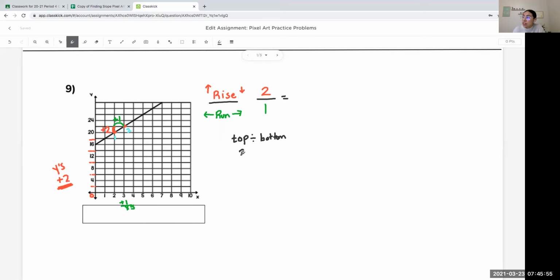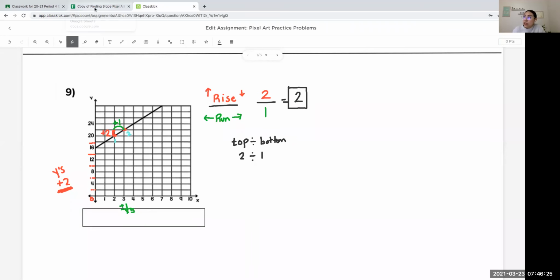So this is really just telling me it's 2 divided by 1, which is just 2. So if you ever have a bigger number on top, you can see if the top divides by the bottom and simplifies nicely this way. Or if not, then you might want to try dividing both numbers by the same factor.